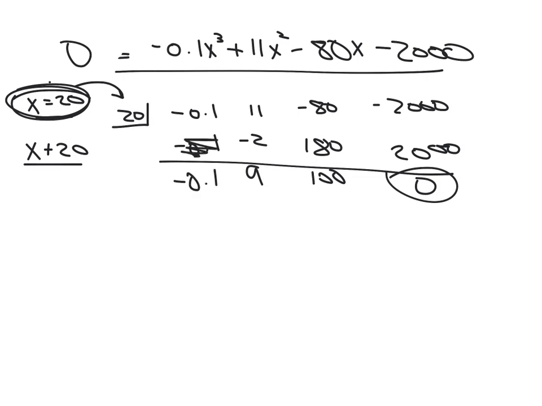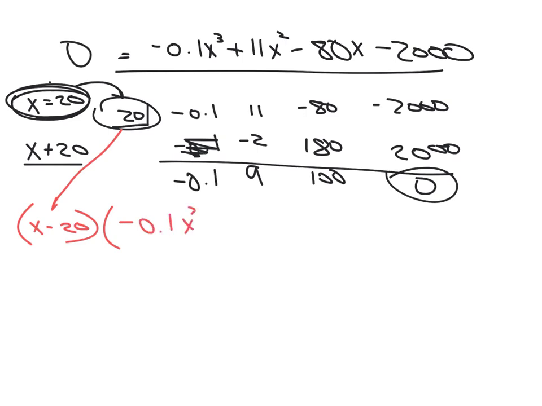So I get x minus 20, because that's a positive 20 that I divided here, so now I get x minus 20, because if I put this positive 20 in here for x, I get 0, and that's what I wanted. Okay, and there's what I have left.